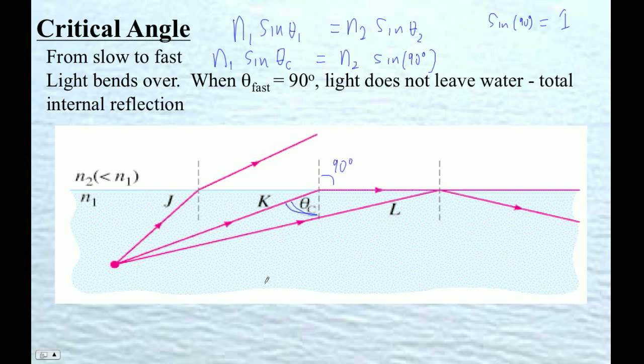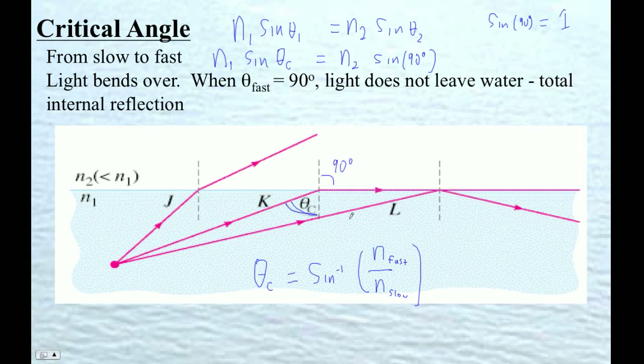The critical angle, technically speaking, is the inverse sine of the fast divided by the slow. Is that right? Yes. So it's n small divided by n large, the fast one divided by the slow one.